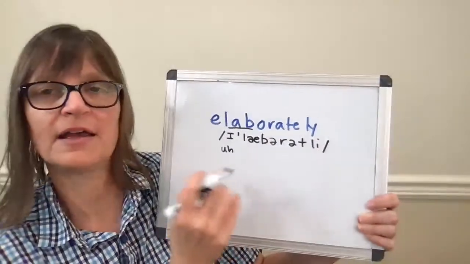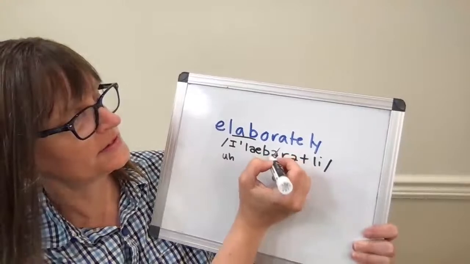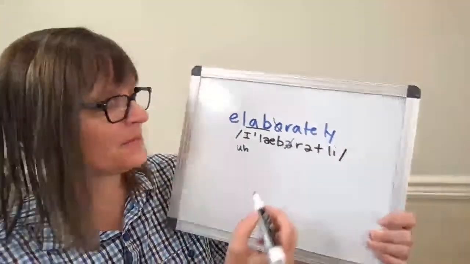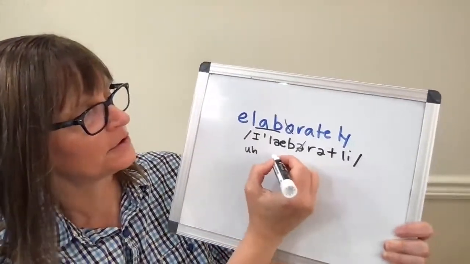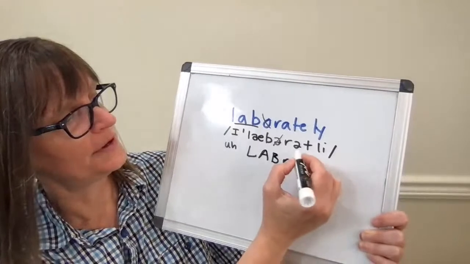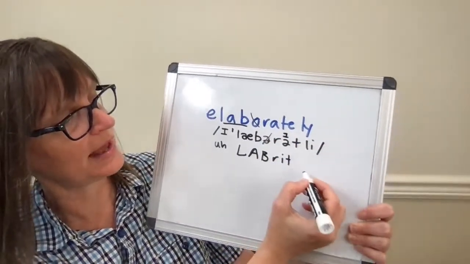You can think about it as being more elaborately, where this letter O doesn't really make much sound. I probably go right from the B to the R sound. So thinking about elaborate, maybe even an I sound here, or schwa, elaborately.